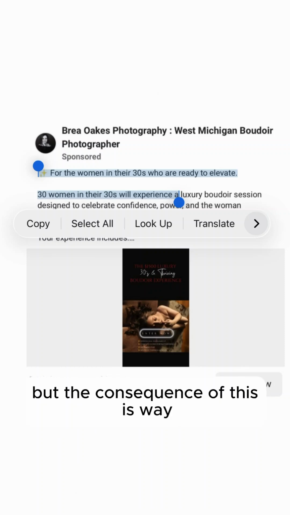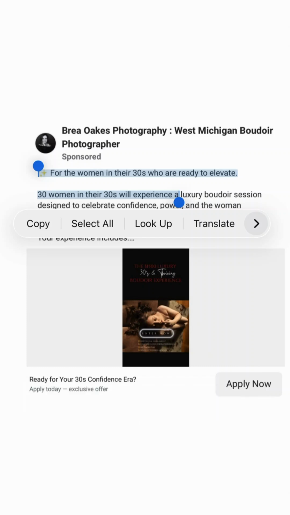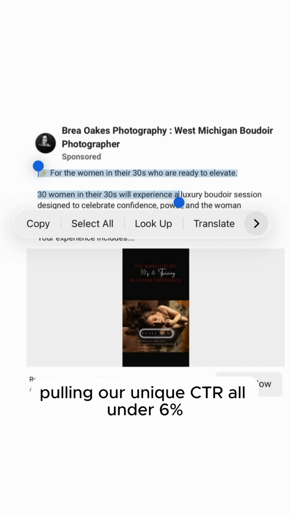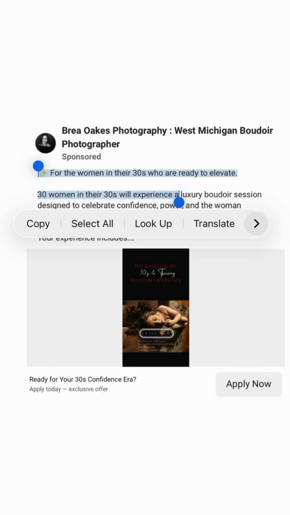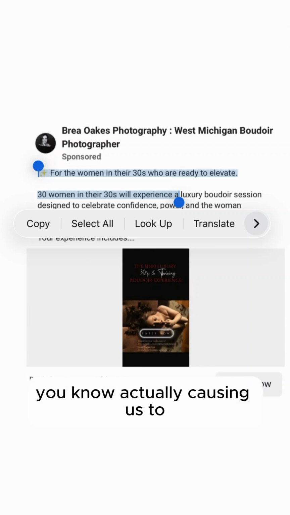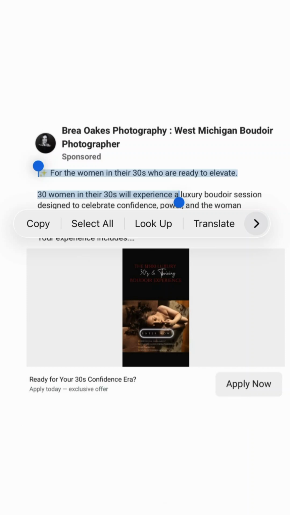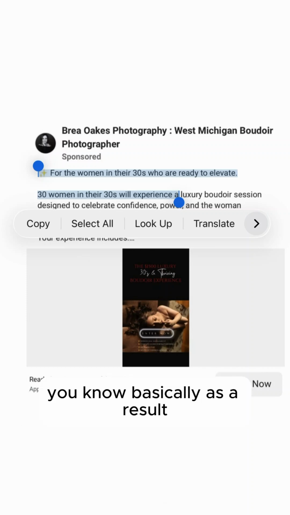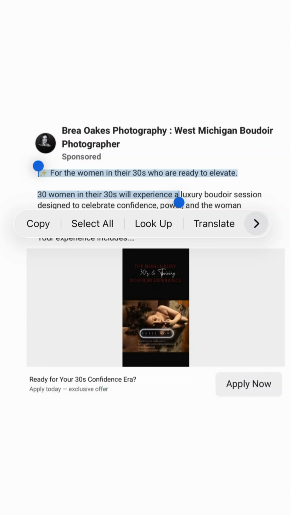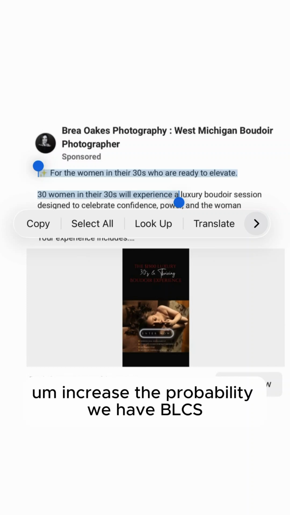But the consequence of this is way more women scrolling by our Boudoir Facebook ad than necessary, pulling our unique CTR under 6% and causing a higher probability of having BLCS, Boudoir low click syndrome.